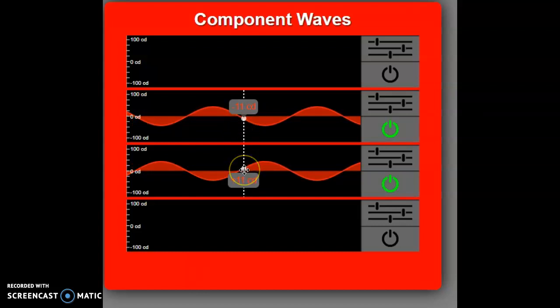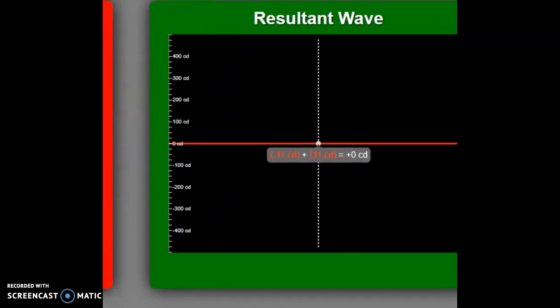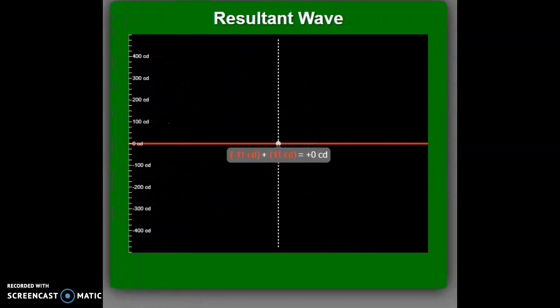At the bottom I have positive 11 centimeter. What do you expect the resultant wave to be? I move it here and add them together: minus 11 plus positive 11. We always gain a 0. So we call this destructive interference.